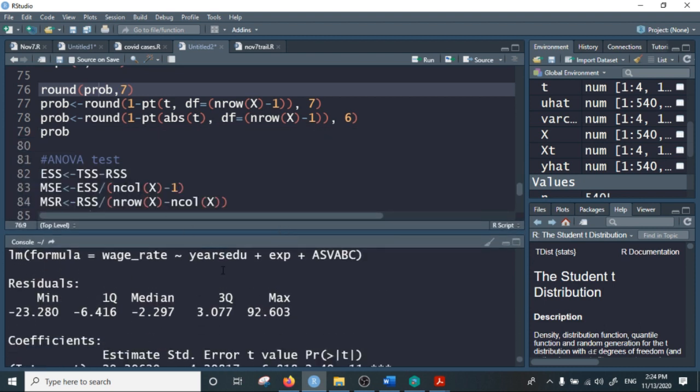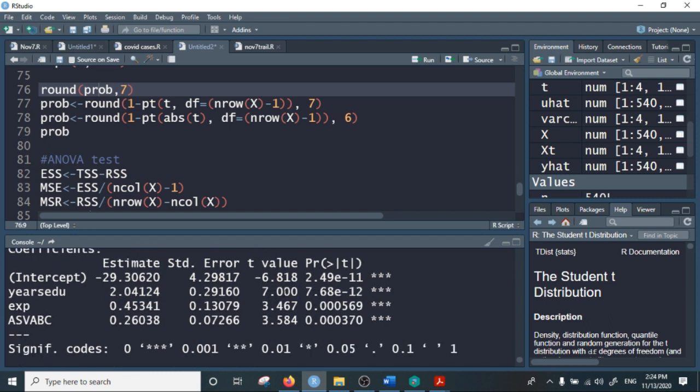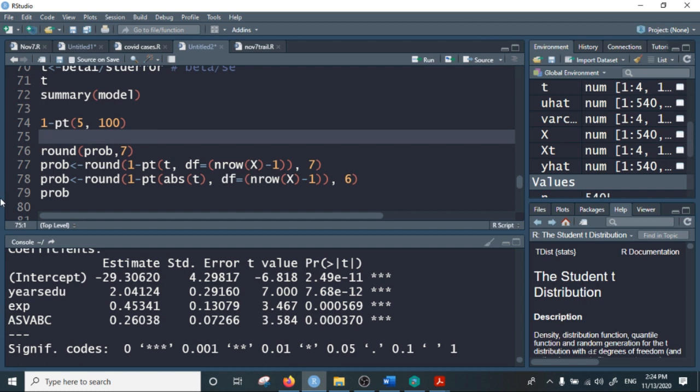To find the probability associated with the t ratio, we can simply write this function, 1 minus pt, then the t ratio, which is 7.000, then the degree of freedom, in this case n minus 1, which is 539.